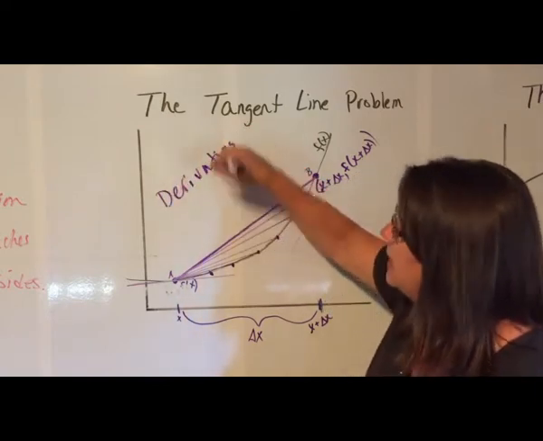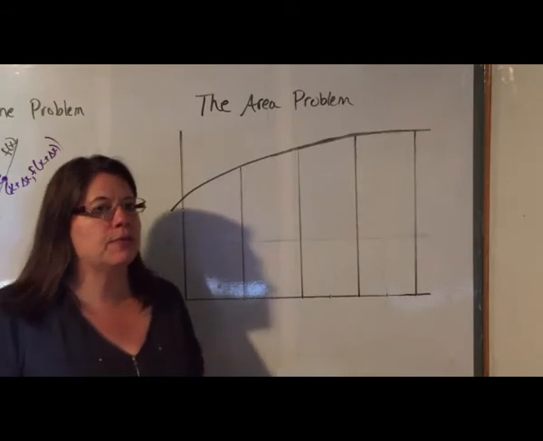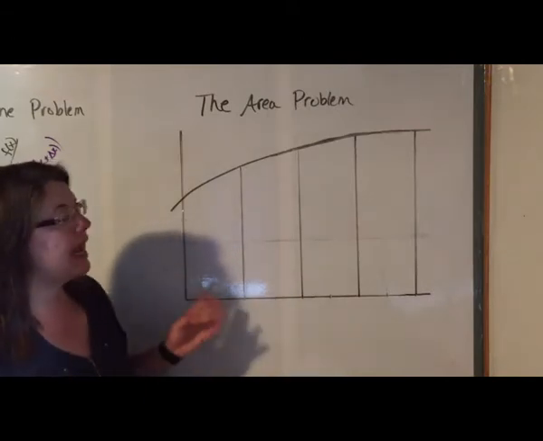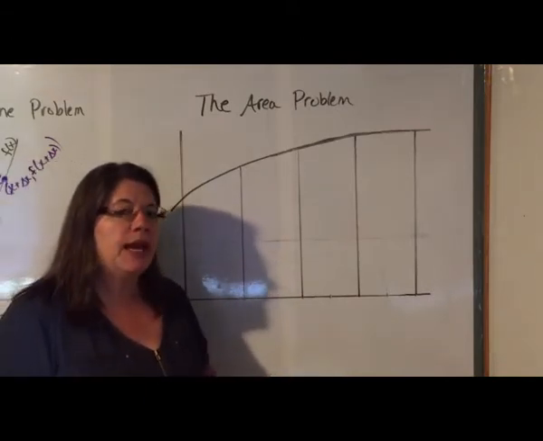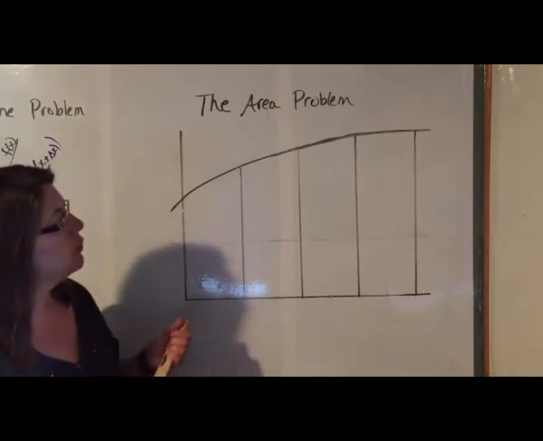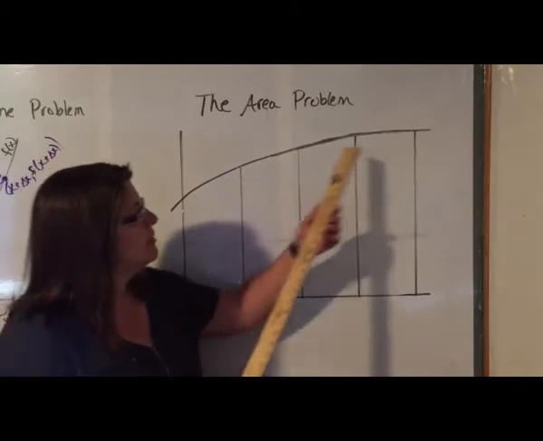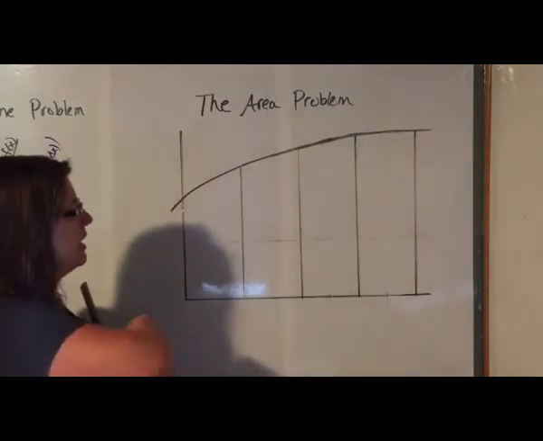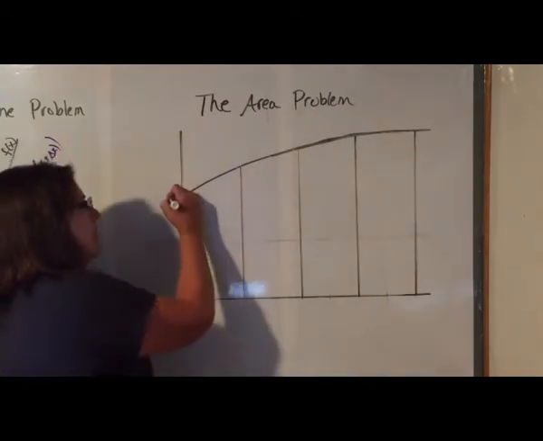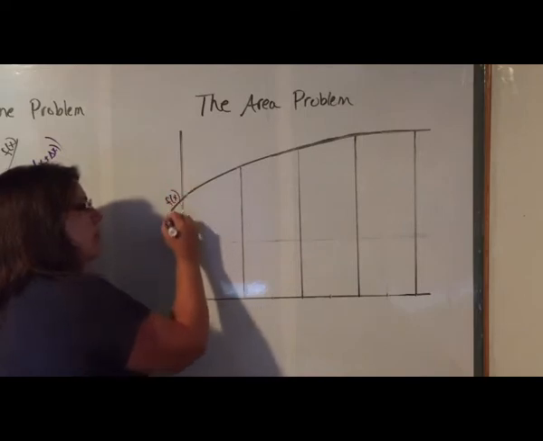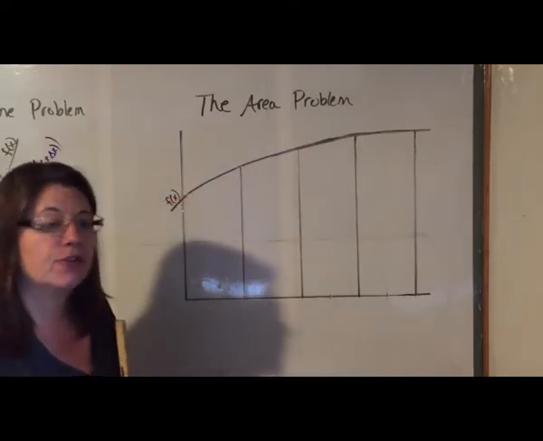derivatives, okay? The third really famous problem in calculus is the area problem. And with the area problem, what we do is we're basically finding the area under a specific curve. So what I've got here is this curve here. I'm going to name it f of x.